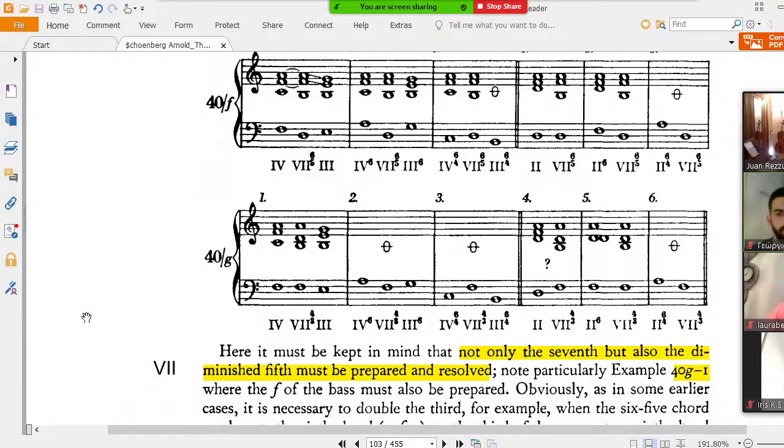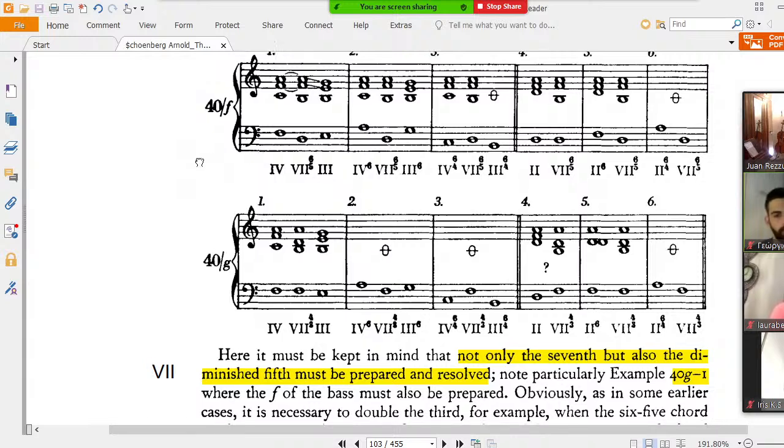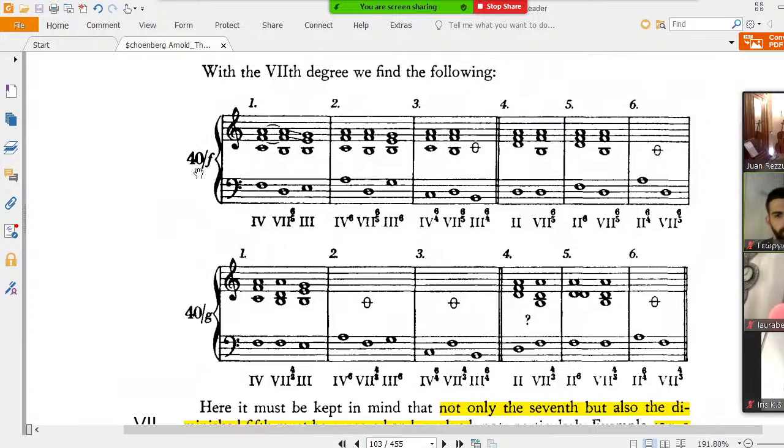In the case of the seventh degree, because it's a special case, not only the seventh but also the diminished fifth must be prepared and resolved in this example. So here, if you see the number 1, the seventh degree, first inversion, the seventh is prepared as every seventh, plus the diminished fifth, and both resolve downward.